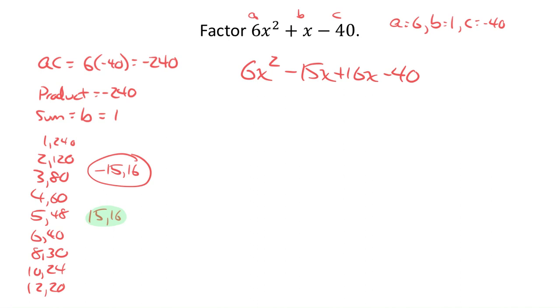Now what we do is we pair up the first two terms and the last two terms. We group them together. So that'd be 6x squared minus 15x plus 16x minus 40. This method works because we're going to find a common factor within each pair of parentheses, factor that out, and what's left inside the parentheses will be equal.